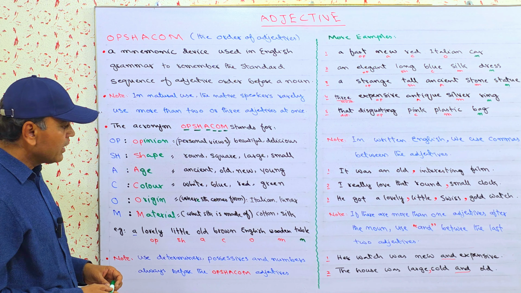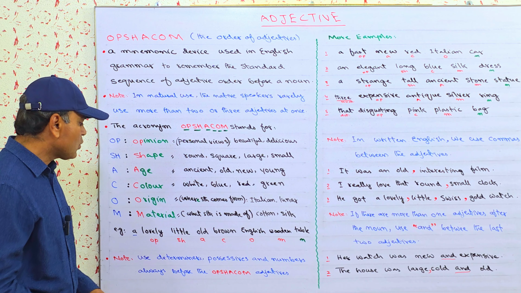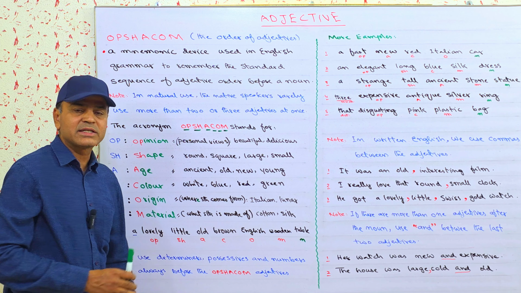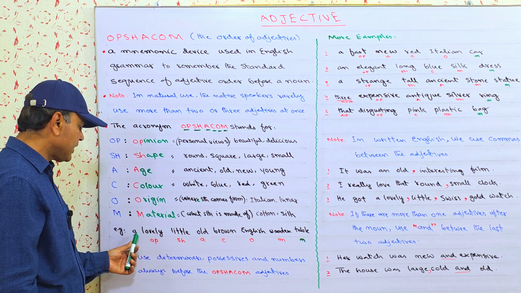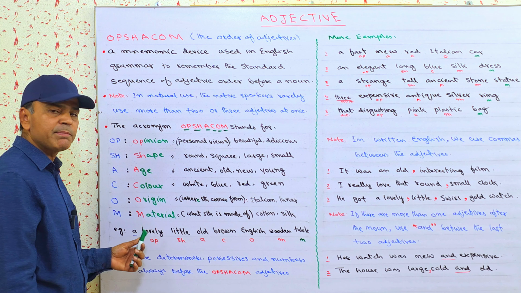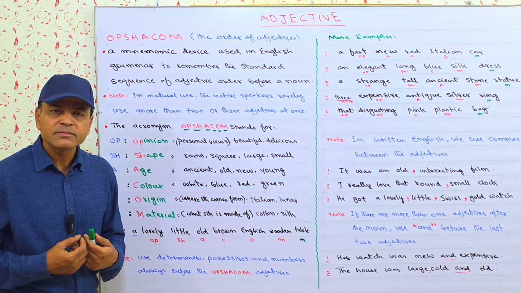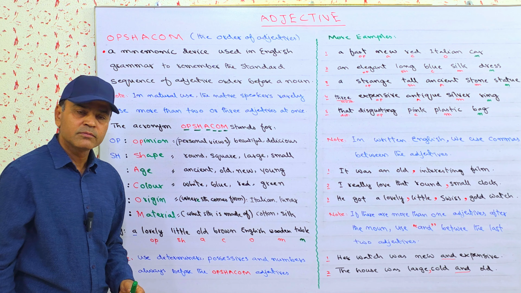In this example, the noun is table, and it is qualified by 1, 2, 3, 4, 5, 6 adjectives. So I have placed the adjective lovely in the beginning because it tells my opinion about the table. I say lovely table.